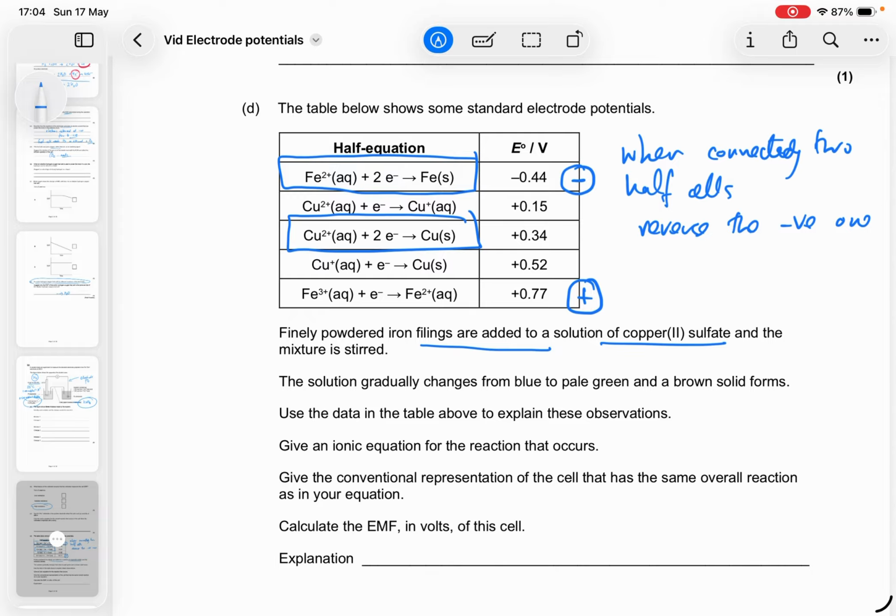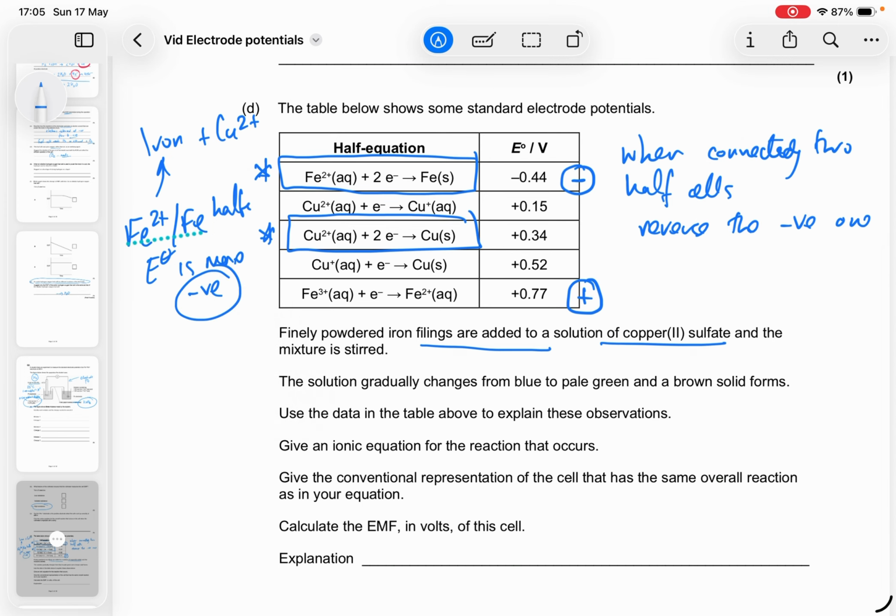Now let's look at why this reaction will occur. This reaction will occur because iron can react with copper 2 plus, because the Fe2 plus Fe half cell electrode potential value is more negative than the half cell value for copper.